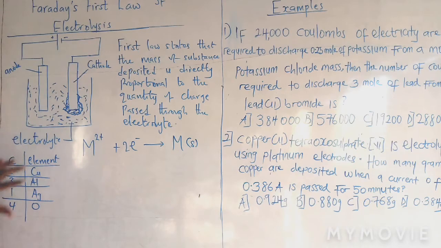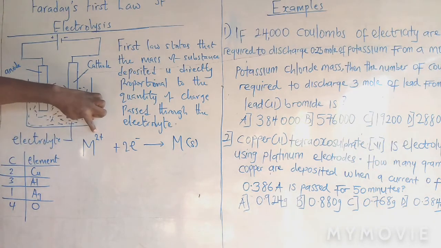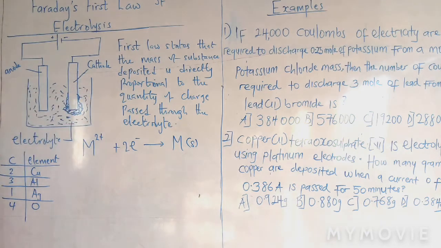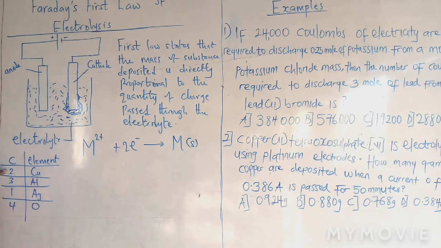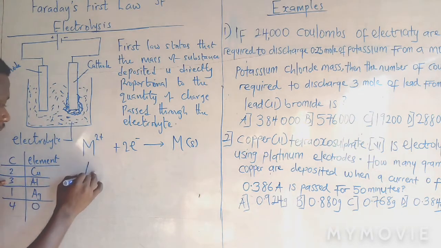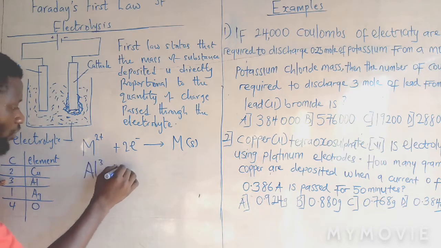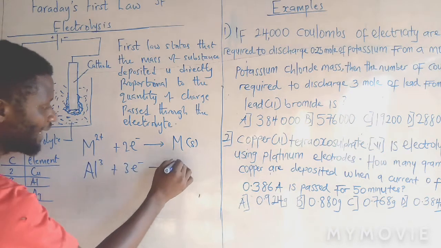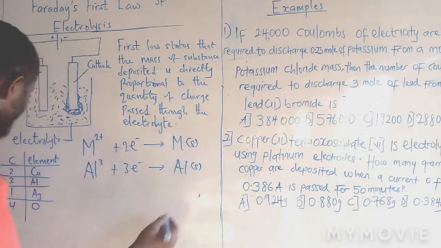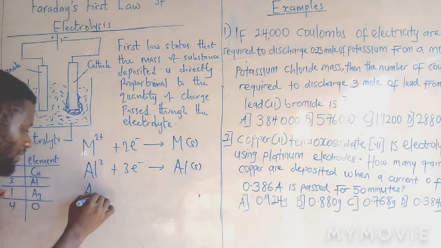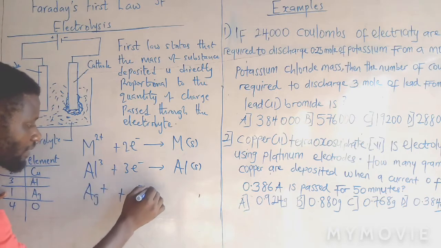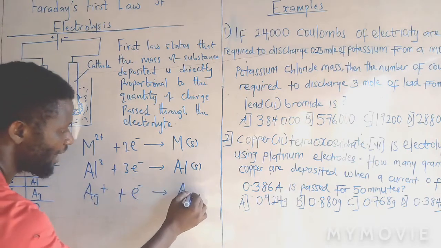Now, if you look at this table, if your cation is always 2+, then the charge on that cation will be 2. For aluminium, it will be 3. For silver, it is this, and we have silver solid.